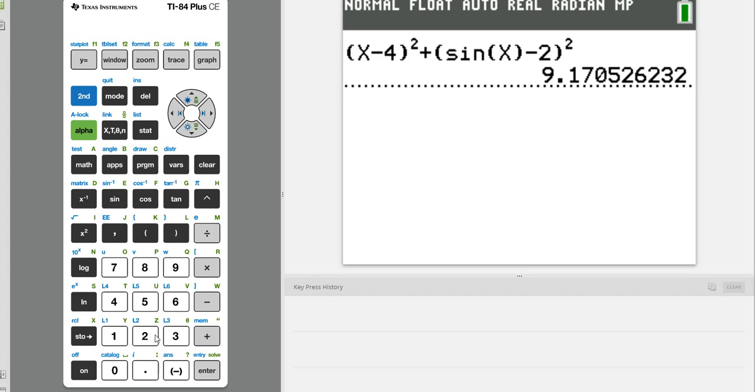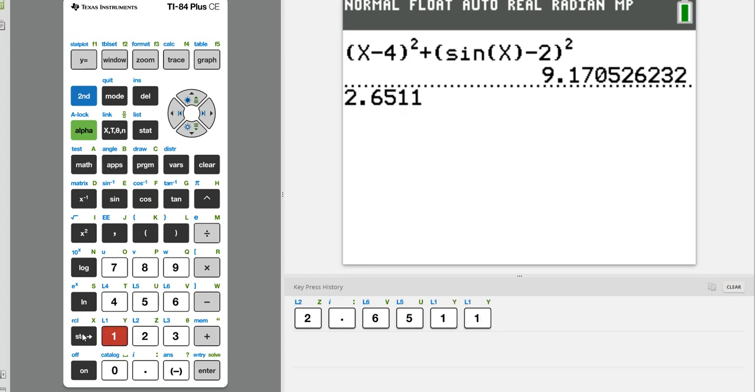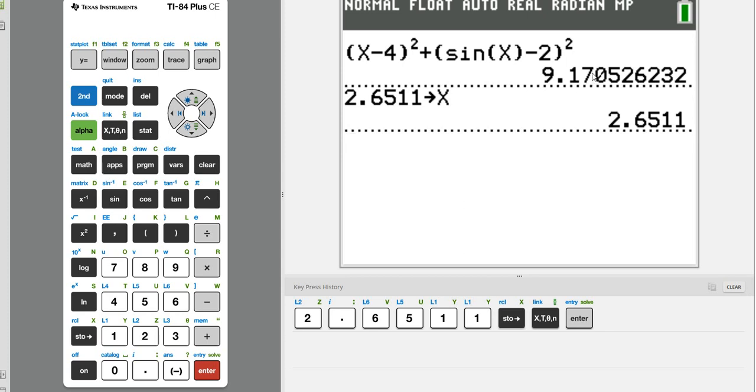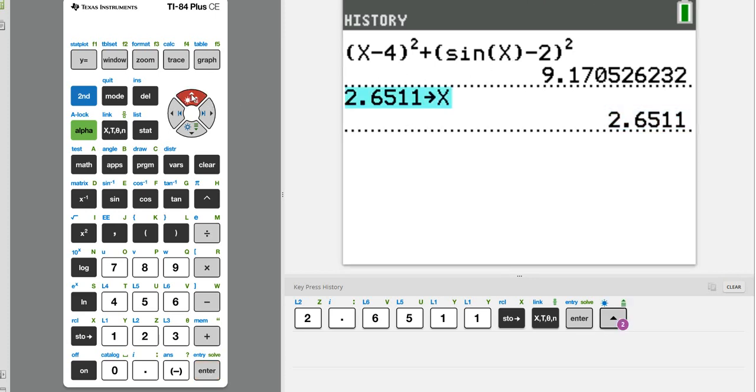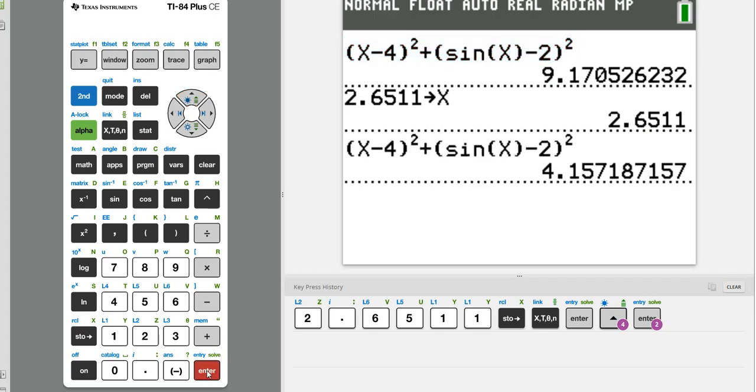So take 2.6511 and store it in x. And then I want to evaluate this same function at this new value of x. Rather than type this all in again, just cursor back up, press enter to bring that down, and bam. So the minimum point is certainly going to be at this latter one, 2.6511. Nice.